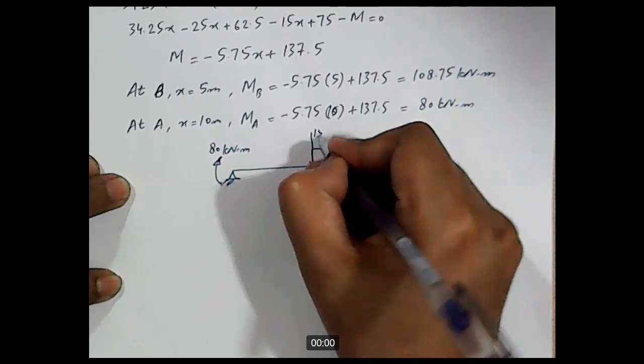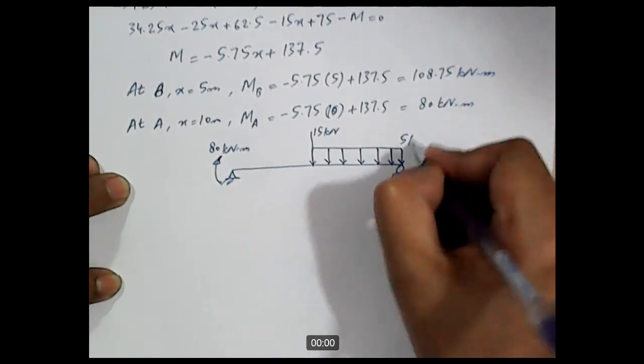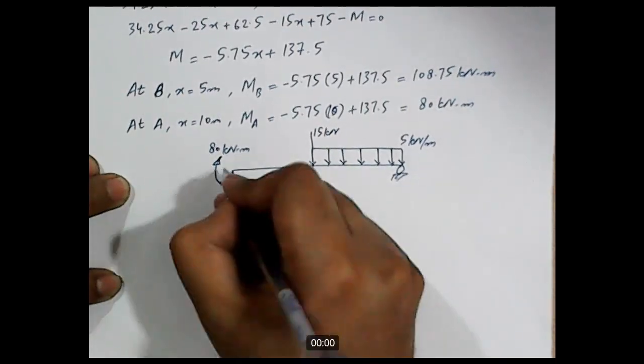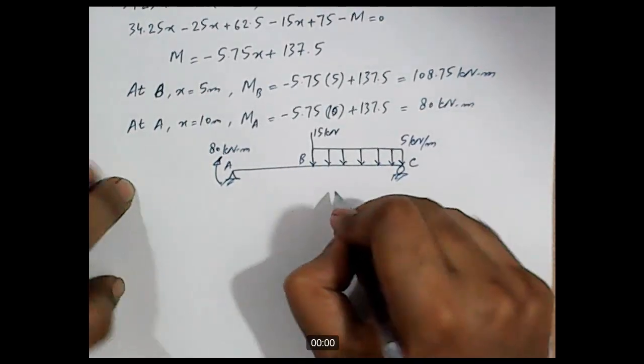This is 15 kilonewton. The intensity is 5 kilonewton per meter. This point is A, this point is B, and this point is C.